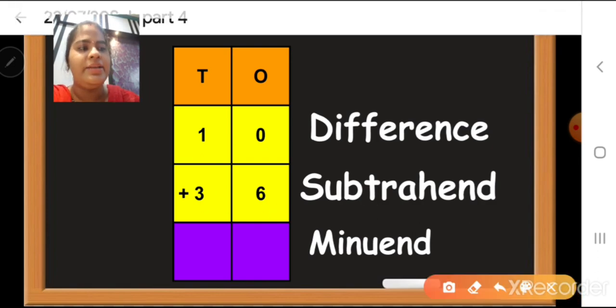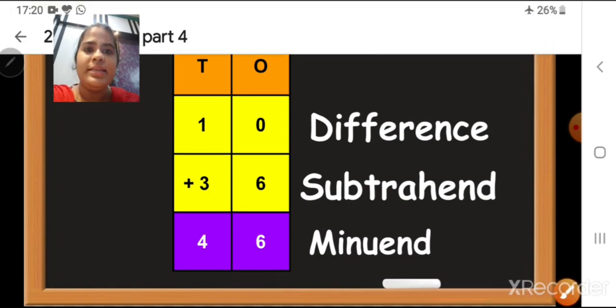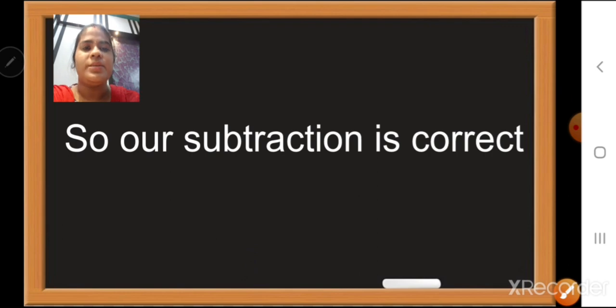Let us add them. 0 plus 6 is 6. 1 plus 3 is 4. Children, 46 is our minuend. We got 46 as the minuend. That means our subtraction is correct. The subtraction that we have done is correct.